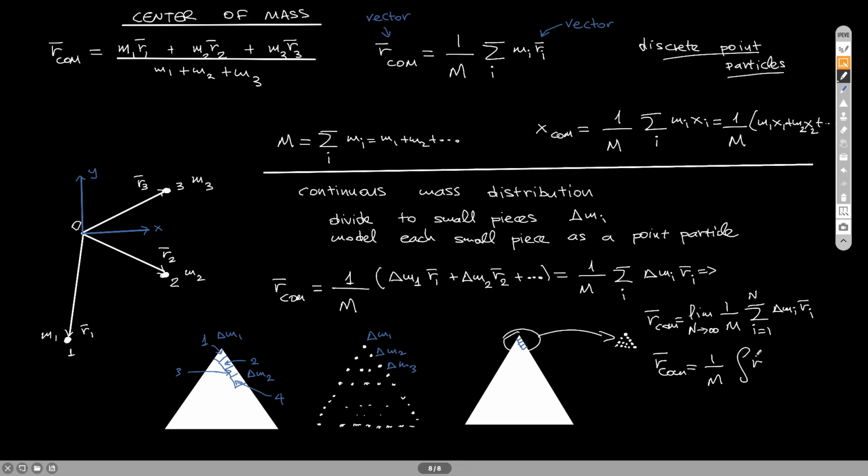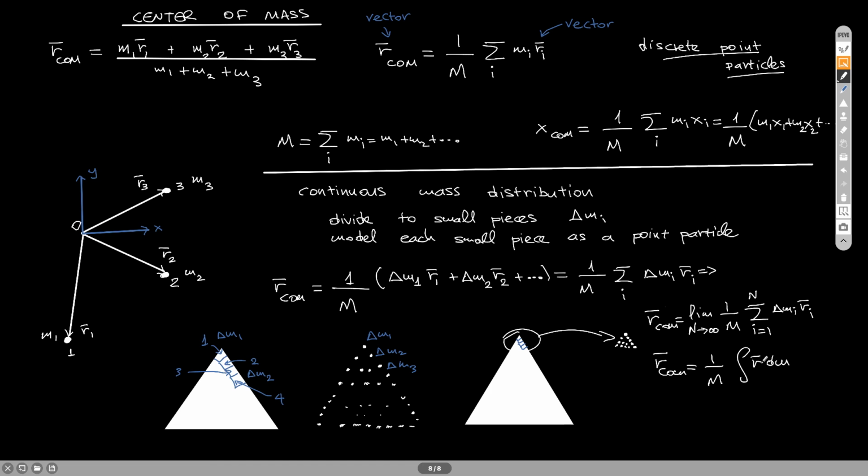Now, when you have a discrete sum, you have delta m. When you have an integral, the delta becomes the d, the dm, and I'm integrating over the entire mass distribution. So to find the center of mass of a solid object, you need to calculate an integral: 1 over m, the integral of r dm.